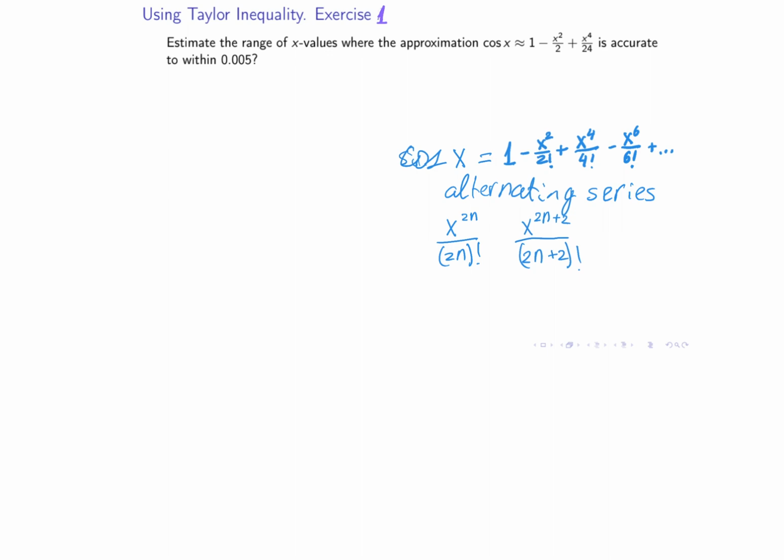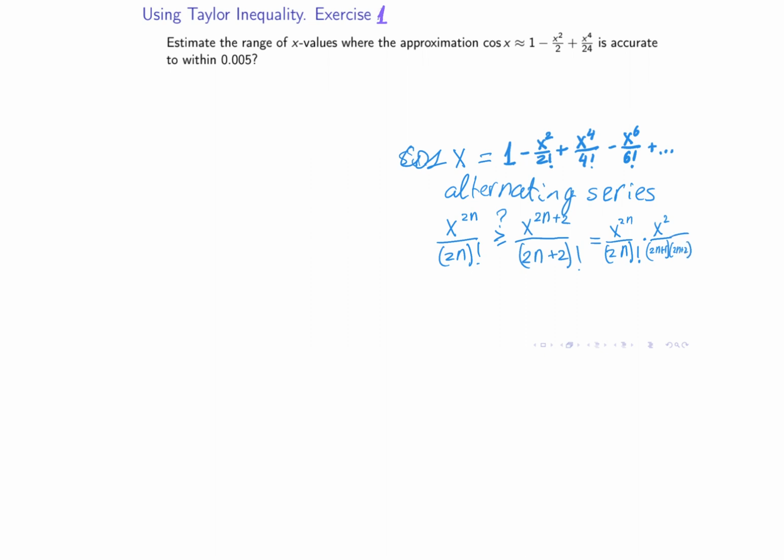Is it true that the higher the power, the smaller the terms? Well, that's actually easy to tell, because the expression on the right is x to the 2n over 2n factorial multiplied by x squared divided by 2n plus 1 times 2n plus 2.